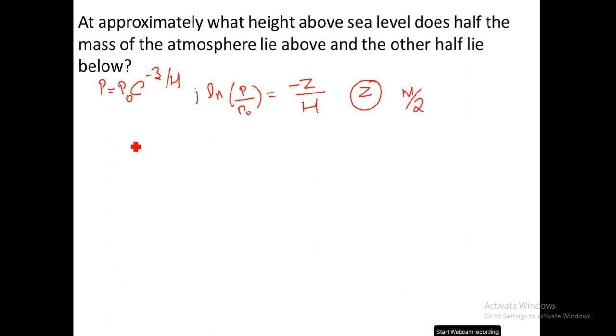Okay. So what is pressure basically? Pressure is force by area, right? And if we are talking about the atmosphere, what is the pressure being exerted by the atmosphere on the earth, or on a particular level? It is basically the weight of the atmosphere at any layer.